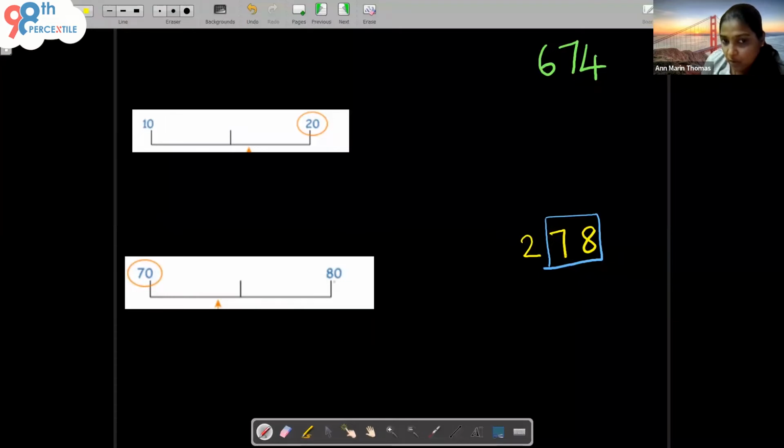So therefore, the rounding up will happen to 80. So rounding to the nearest 10 of this number 278 will be 280. Am I right? Isn't it? Yes. Okay.